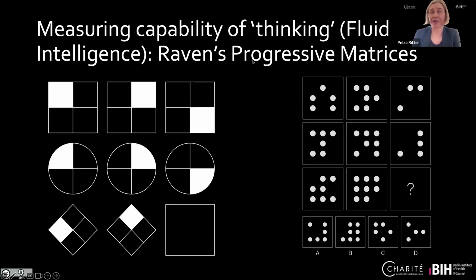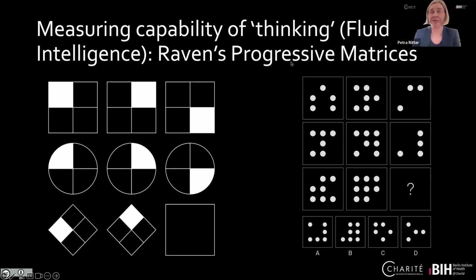And the 24 tasks have increasing difficulty. So it starts easy. So this is one of the easy tasks, and it ends very difficult, so that several participants are not able to solve the task and find the hidden rule.